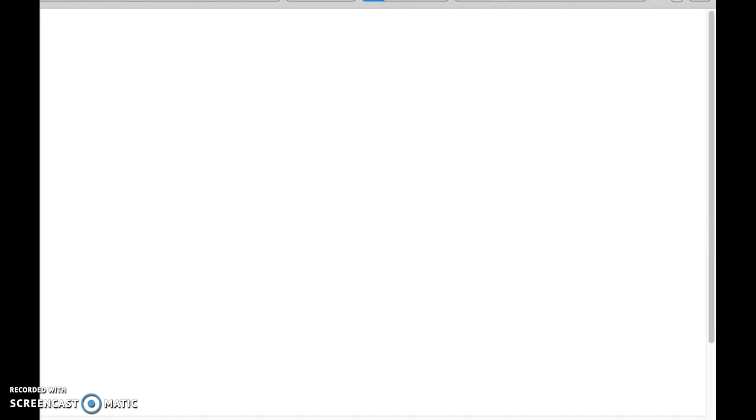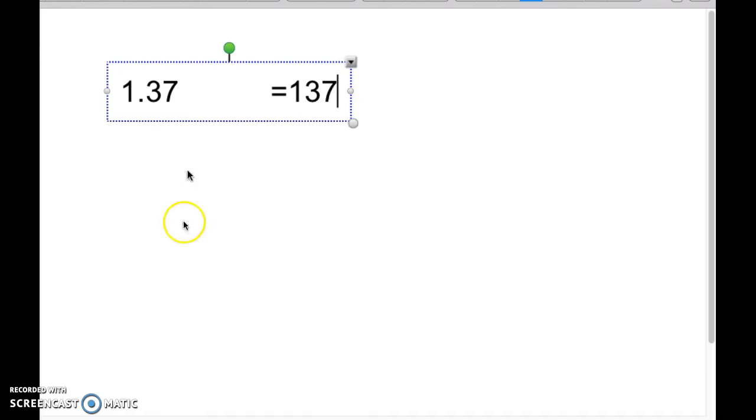So let's take a look at what that might look like. Let's say I have a number, 1.37, and I'm doing something to it. I don't know what yet, and I want that to equal 137. Okay, so let's think about that place value chart for a minute.